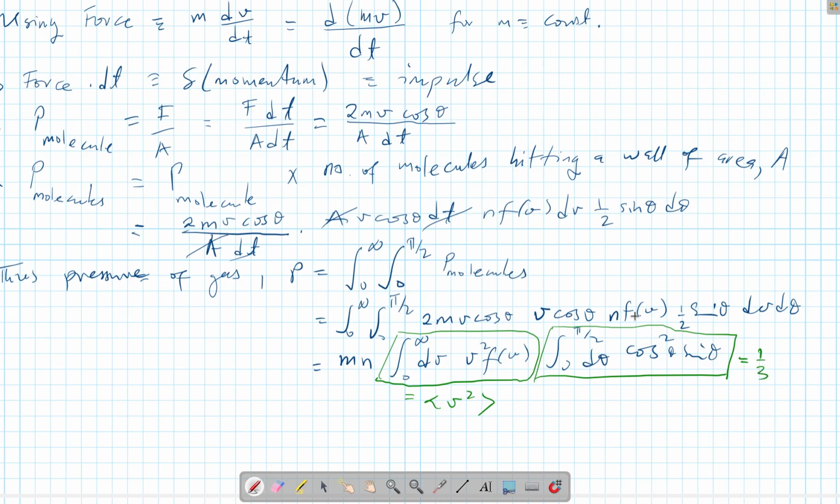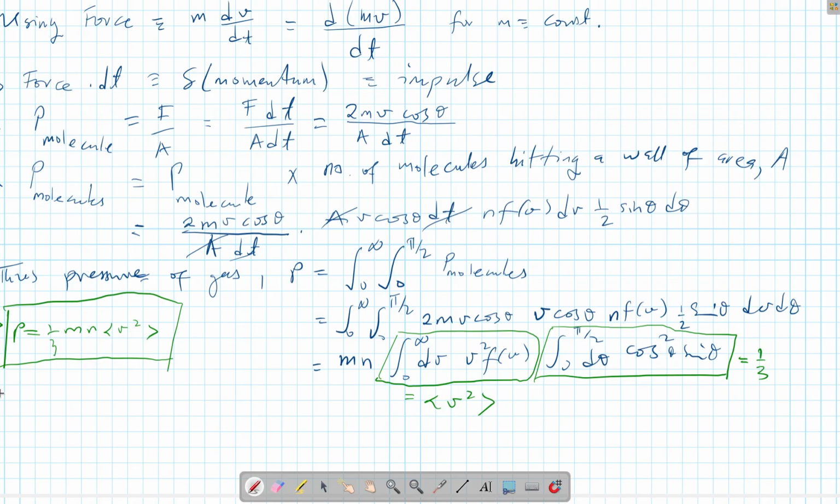Okay, so making these substitutions implies that pressure is going to be equal to 1 over 3 m n average v squared. So you see, this is really fantastic. Using kinetic theory and statistics, the method of computing averages, one can predict the pressure of a gas. You just need to know the number density.